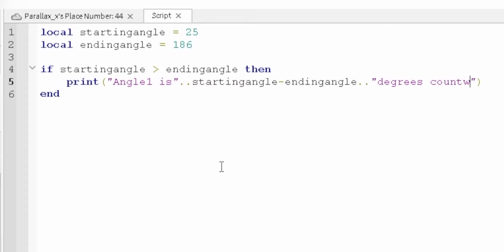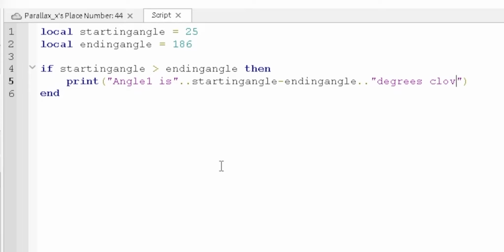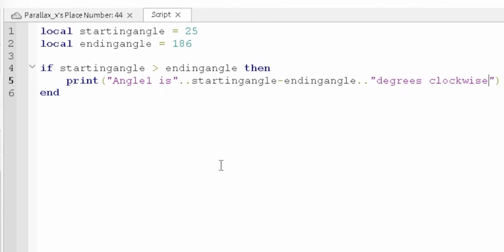So wait, you go from something smaller to something bigger, actually it's clockwise, I believe. You might need to correct that, but I believe it's clockwise because you're going from something smaller to something bigger. So if you go like from forward, yeah, it's clockwise, pretty sure.